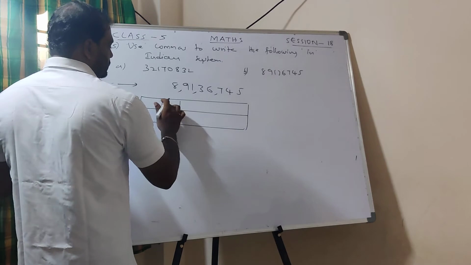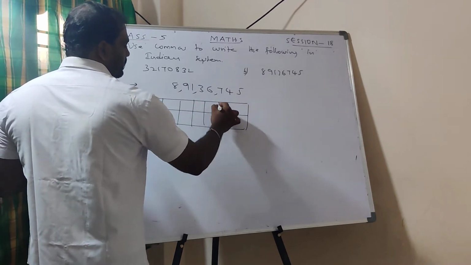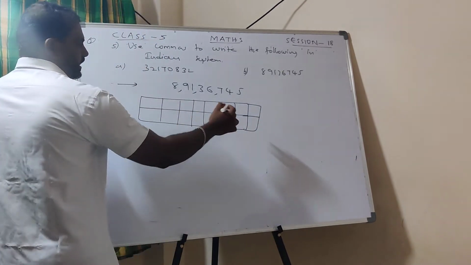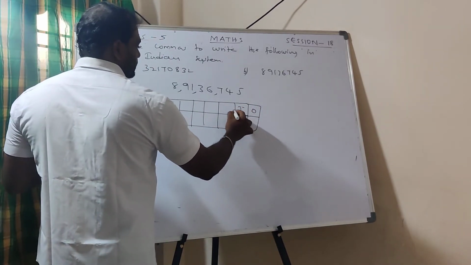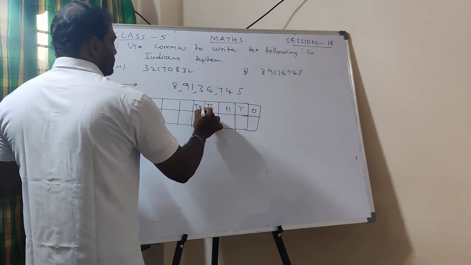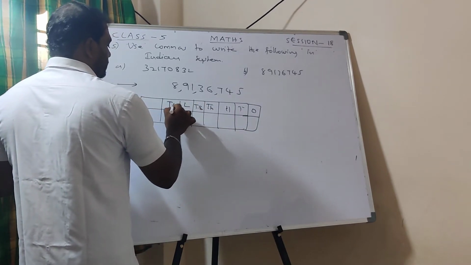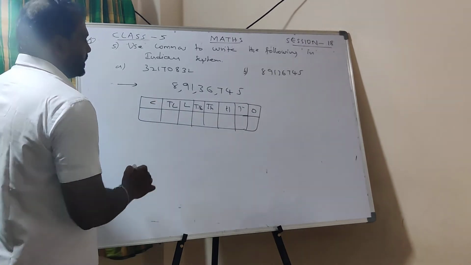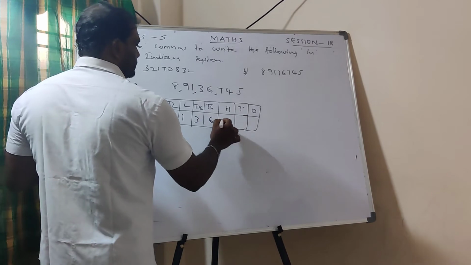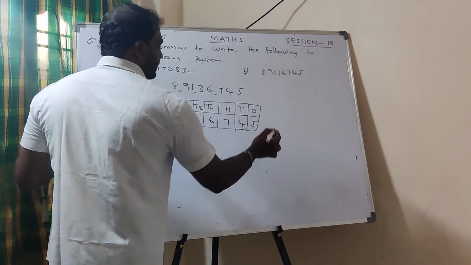Ones, tens, hundreds, thousands, ten thousands, lakhs, ten lakhs, and crores. So 8, 9, 1, 3, 6, 7, 4, 5.